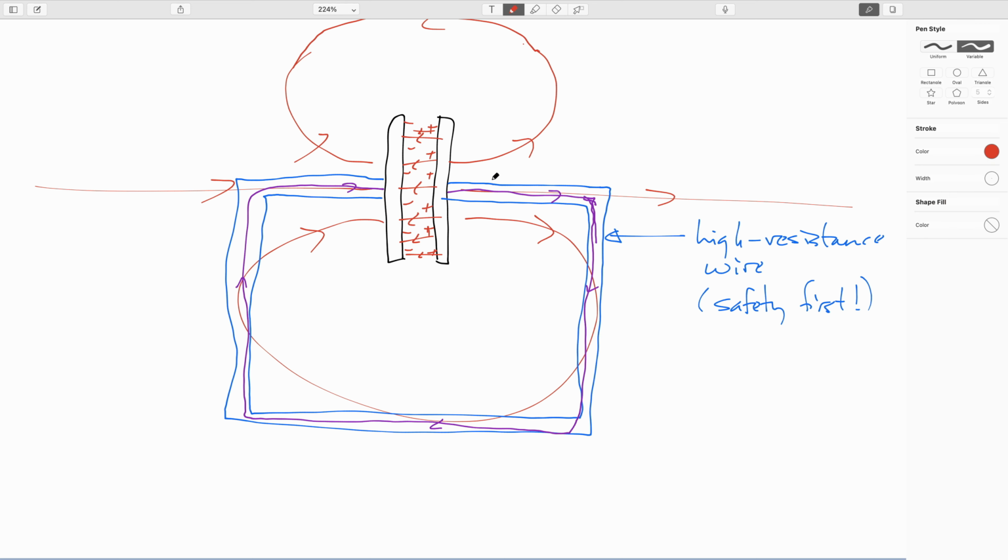Now, the difference is the density of the surface charges. So near the plates of our capacitor, the density will actually be quite high. And then as we go along, the density will drop off, and then same deal going the other way around.